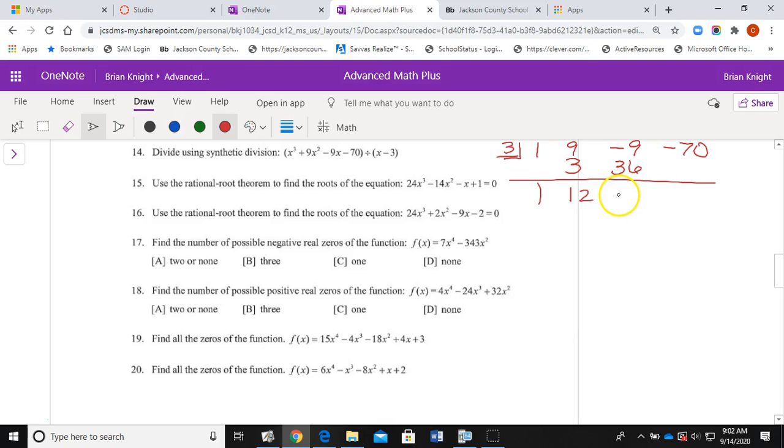Plus -9 is 27. And 3 times 27 is 81. That's 11. So we have 1x squared plus 12x plus 27 with a remainder of 11.